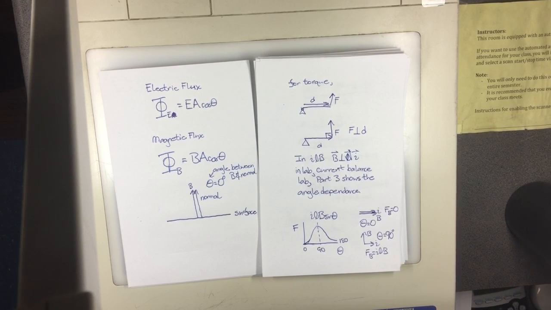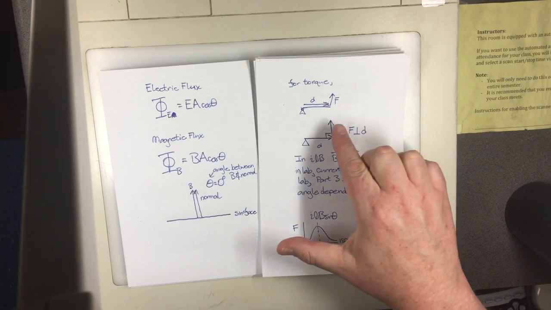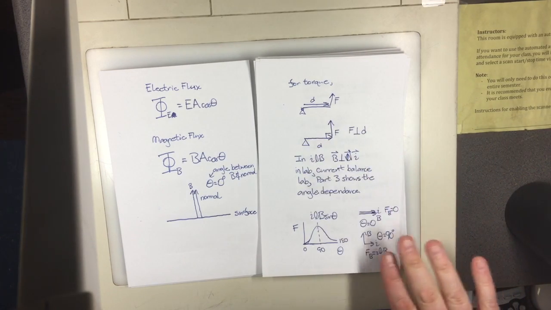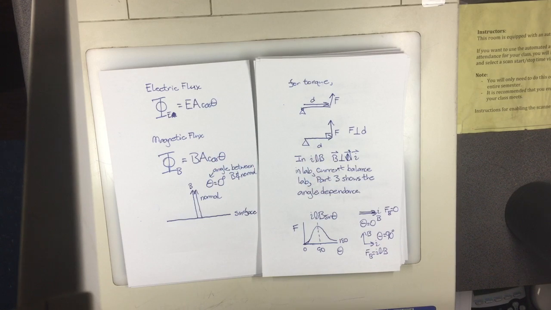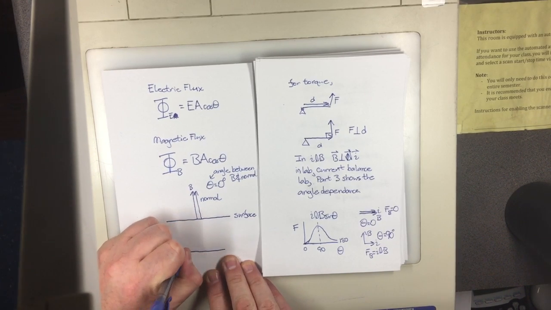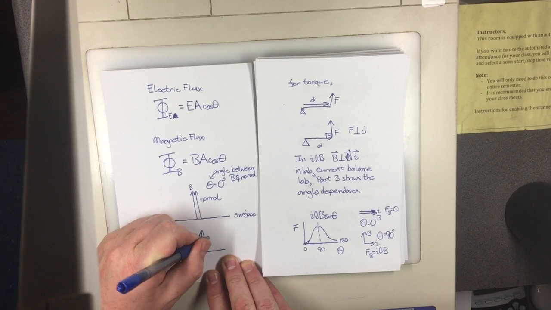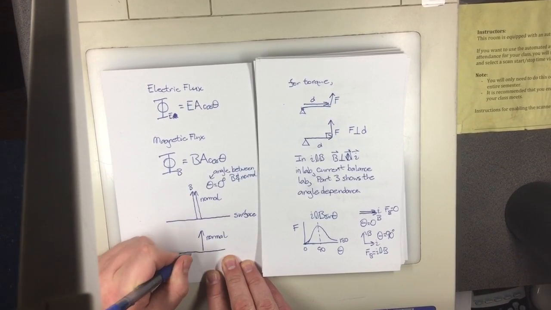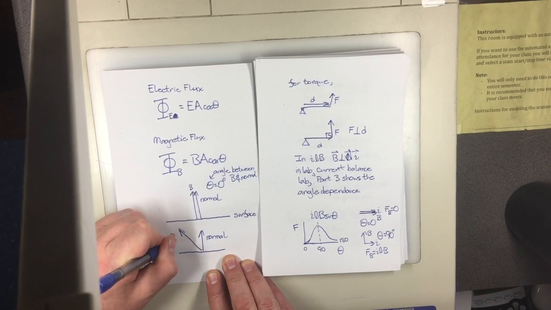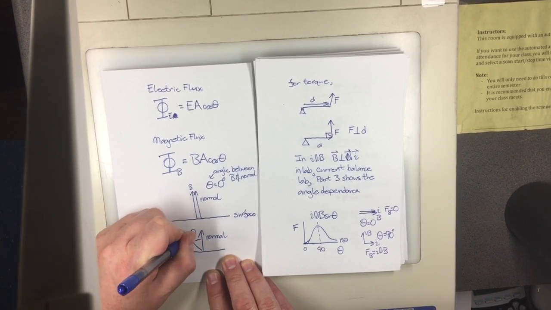So the way that we set this up so that it's perpendicular gives you full strength, that's why we use sine. Here, we're comparing the angle between the B field and the normal, so we need the function to be full strength when theta is equal to 0. How do we get that? Cosine theta. And so this covers situations where if we had the surface and the normal, and the B field was like this, then that angle would be theta.